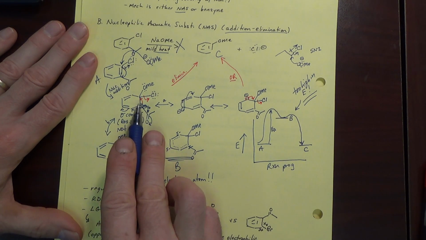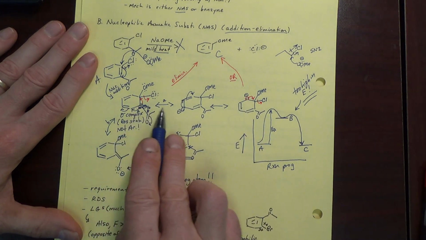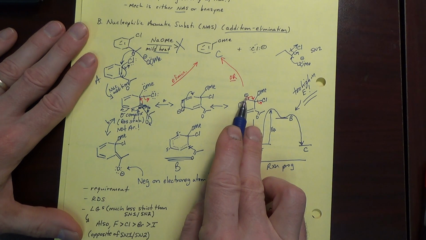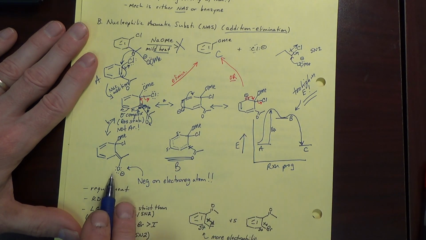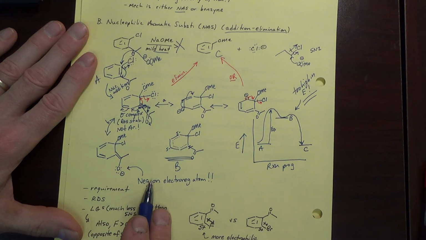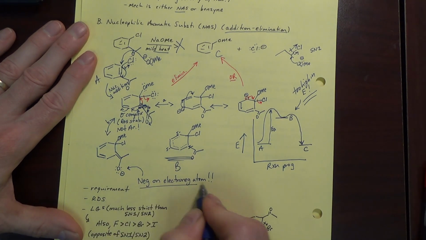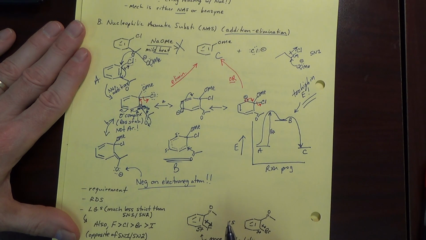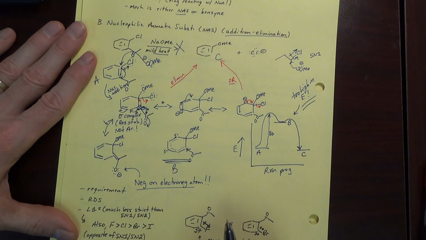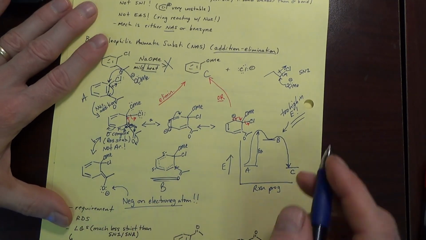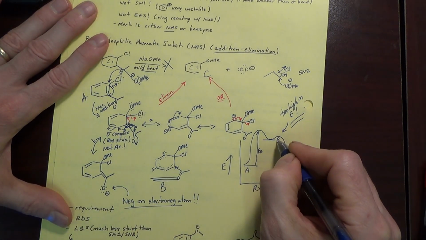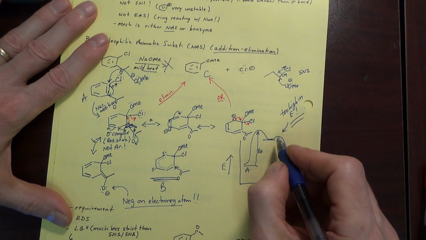Up here, the charge is delocalized onto 3 different carbons. Now it's delocalized to oxygen, and that is a very stabilizing effect. So now the intermediate is much lower in energy than before.